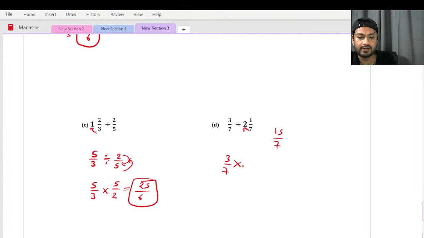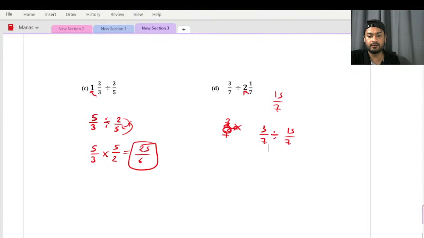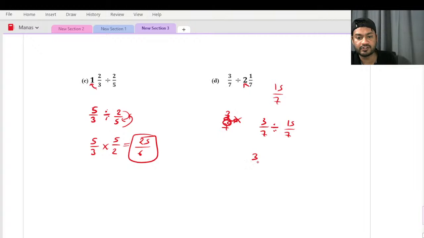So first you have 3 by 7 divided by 15 by 7, then we put the multiplication sign and reverse the number which is given here, right? So it will be 7 by 15. Now you can cut this 7 and 7, and 3 times 1 is 3 and 3 times 5 is 15, so it is 1 by 5. So the final answer is 1 by 5.